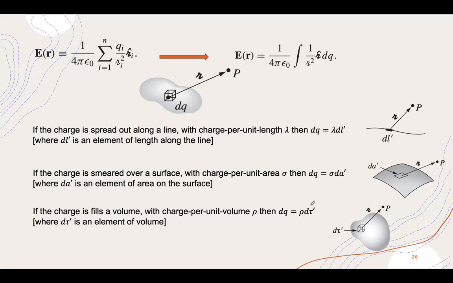But if it is a volume, then you have three dimensions, so this d tau or d tau prime is going to give us dx times dy times dz. We are going to see this, and when we solve some numerical problems, we will digest this concept very easily.